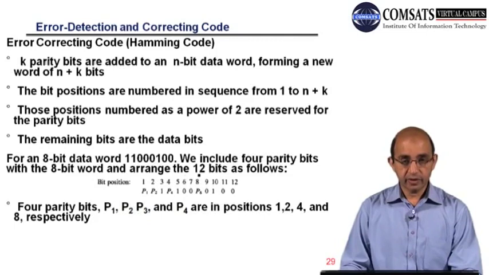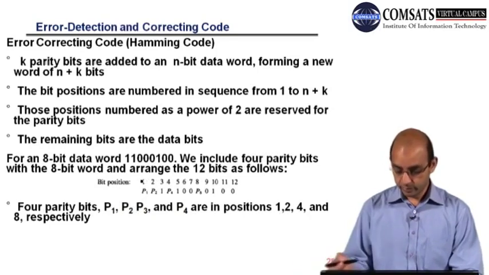If I raise 2 to power 4, that is 16, but here we have only 12 bits. So here we have 4 parity bits, P1, P2, P3 and P4, placed in positions 1, 2, 4 and 8. So 2 raised to power 0.